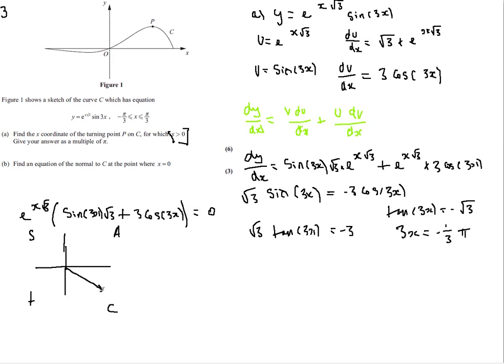Here's my angle, and I know it is minus pi over 3. But there's also another angle, because for tan we get positive values in this quadrant and this quadrant, but in these two we get negative values.